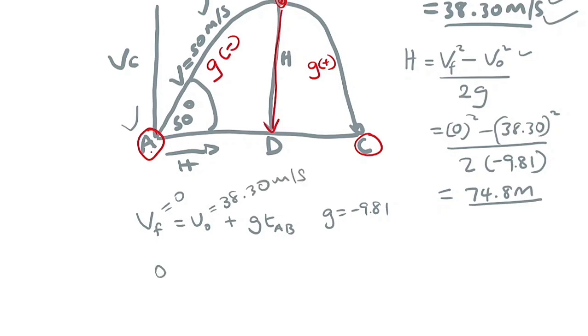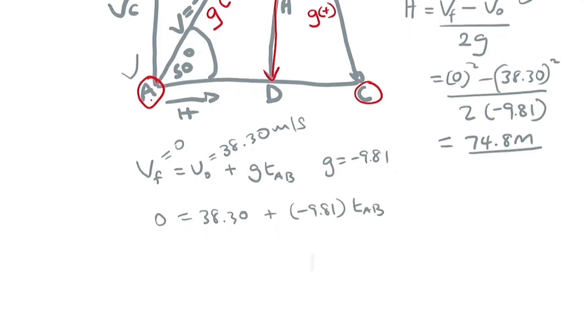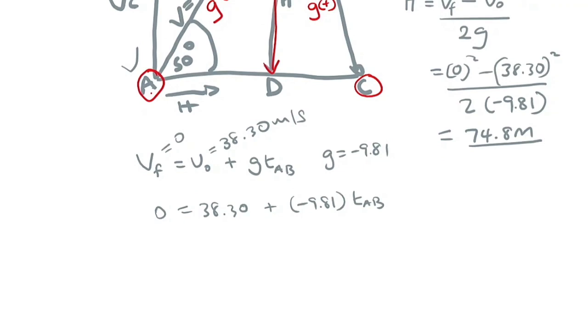Let us substitute: we have 0 as the final velocity, plus 38.30, plus negative 9.81 times the time taken from A to B. The time from A to B is negative 38.30 divided by the gravity, negative 9.81. It gives us 3.9 seconds.